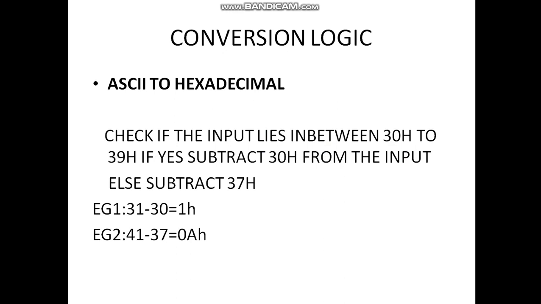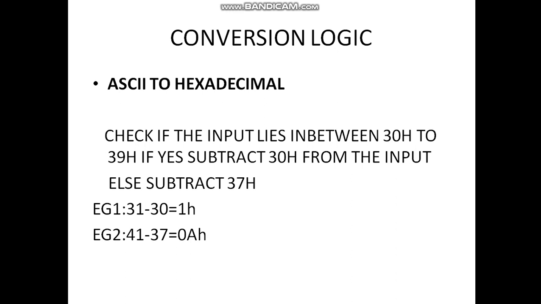Suppose the given ASCII number is between 41H to 46H. The result has to be in the range A to 0FH. So given any number, we check if it lies between 30H to 39H. If yes, we subtract 30H from that number, or else we subtract 37H from the given number. Let us write the program.